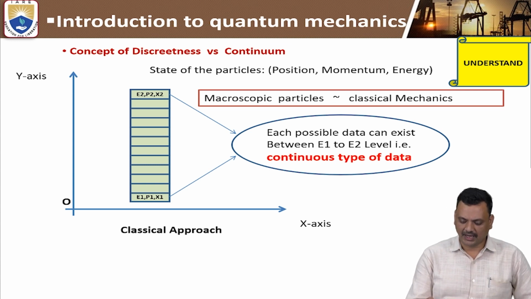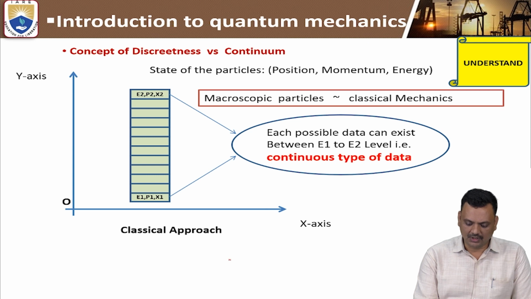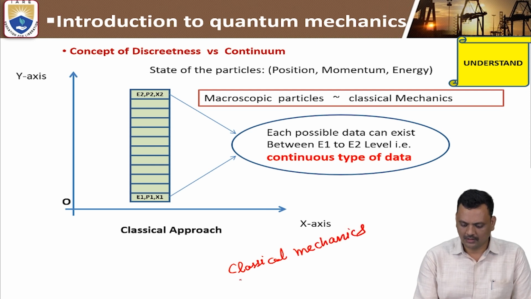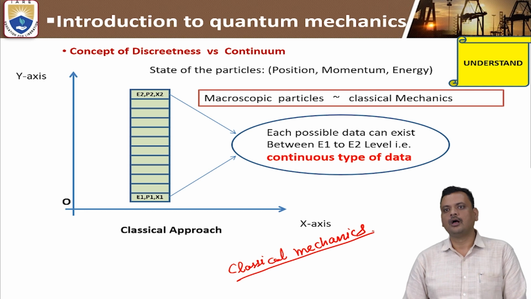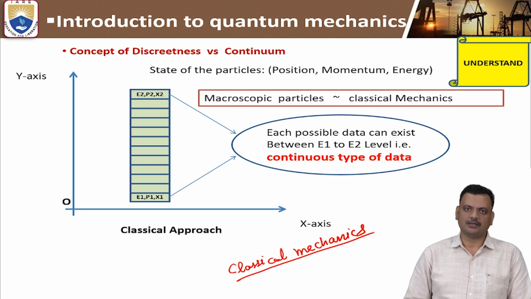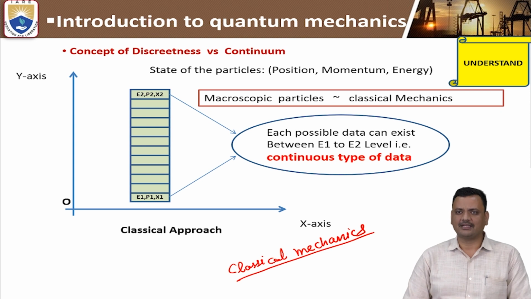Before quantum mechanics, there was classical mechanics. So what is classical mechanics and why did people switch to quantum mechanics? What is the necessity of quantum mechanics?